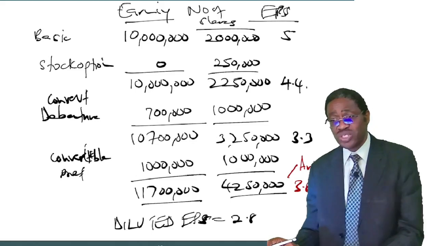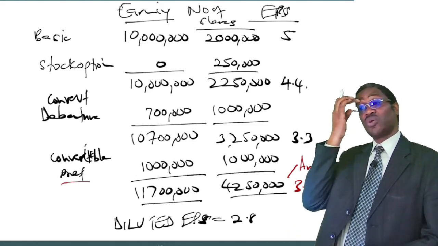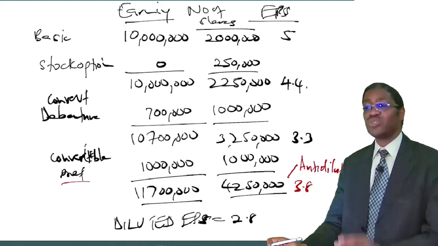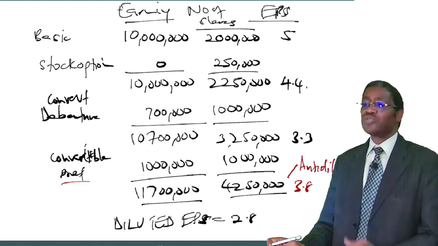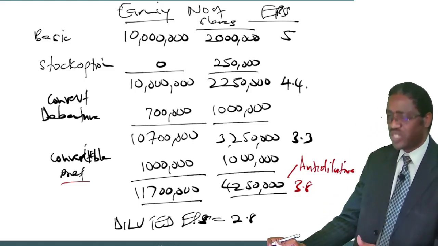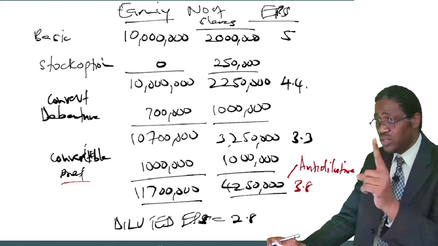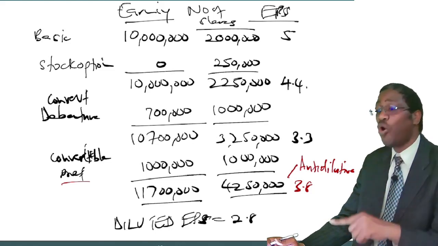Then you would disclose it to be the convertible preference shares, because it's not diluting. Instead, it's making the earnings per share increase. So an anti-dilutive potential ordinary share is one that makes the earnings per share increase instead of reducing.